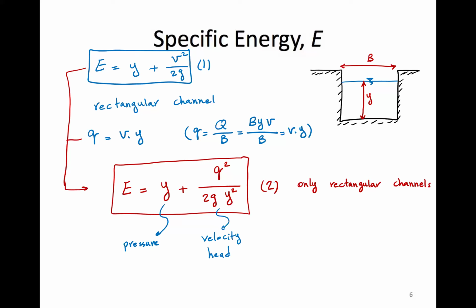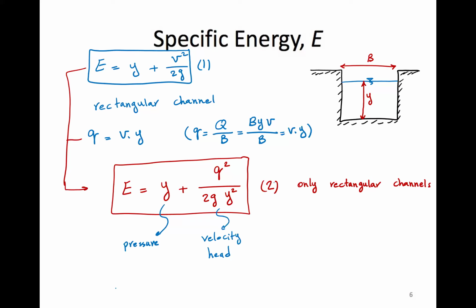So that numerator in the second term, q, is constant. By replacing V with q, we are really changing the equation from a two variable equation, V and Y, into a single variable, only Y. So that's the big advantage, because q is typically constant, so we don't really have to worry about it.